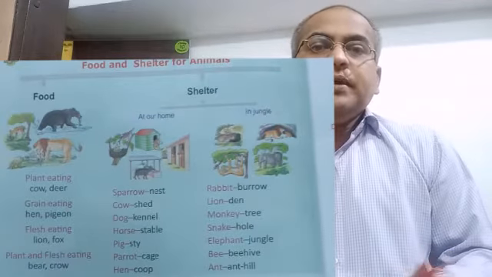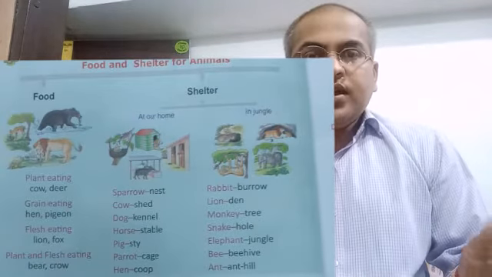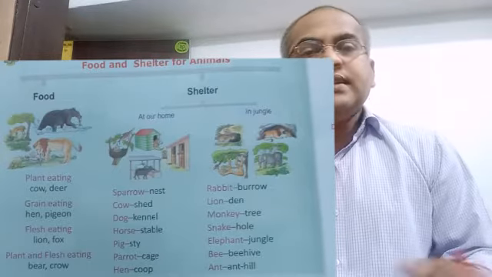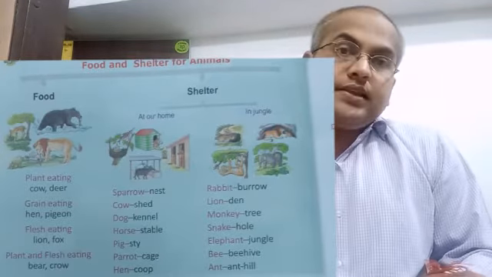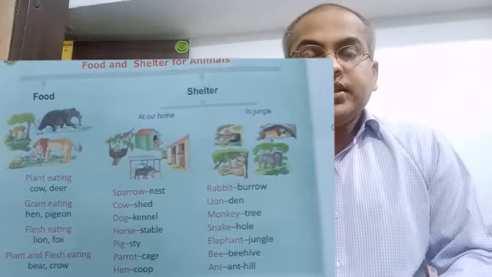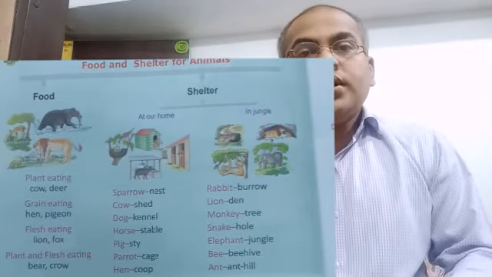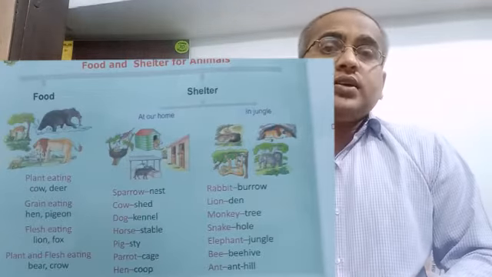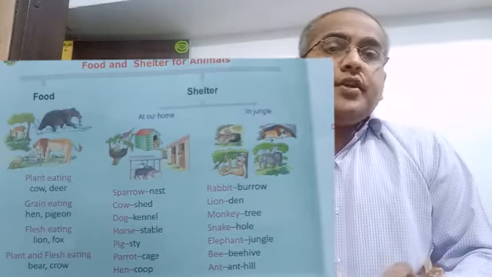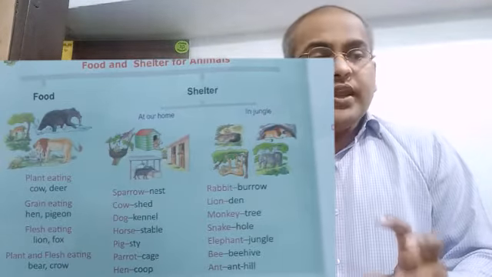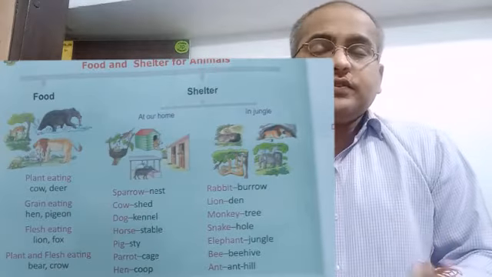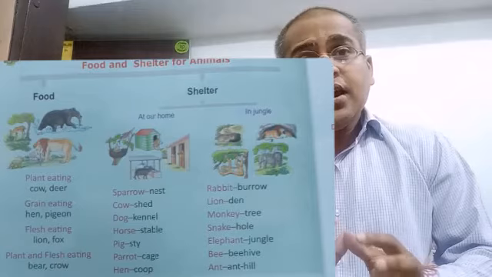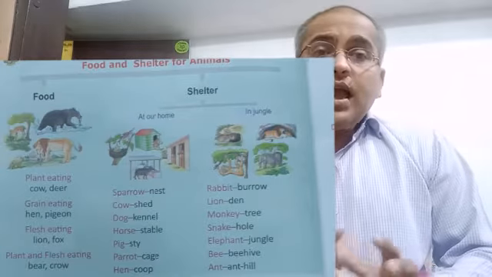Small ants build ant hills under the open sky, and they live in those ant hills. Then come the bees. They build their own nest called a beehive, and they collect nectar from different flowers and gather that nectar in their beehive.